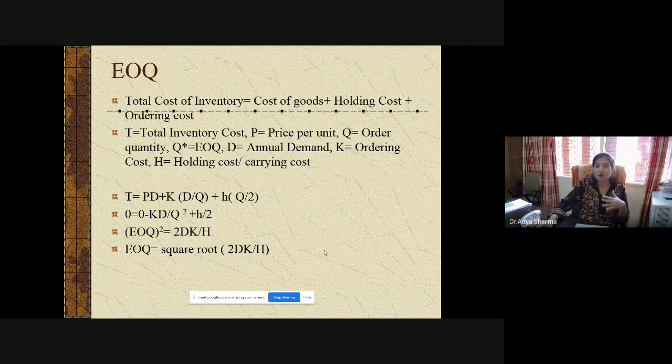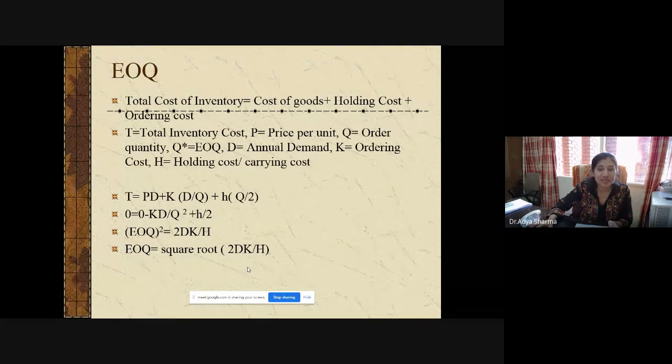Look at the surprising thing. EOQ is not dependent on the price of the product. P does not figure in this formula, which means the price per unit is not a factor influencing your economic order quantity.